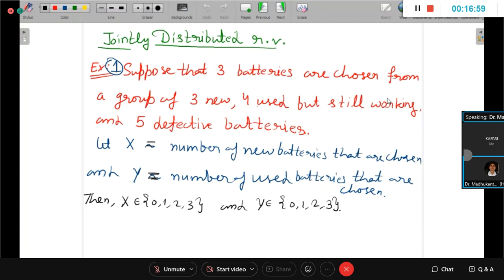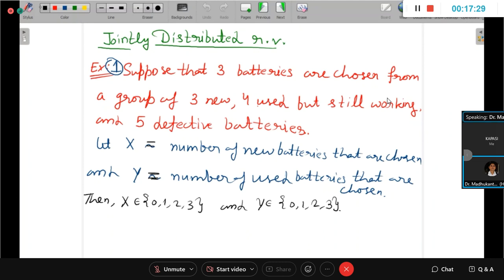There are various ways, so let's focus on this example and try to understand. If you introduce more than one variable, you definitely need a joint distribution, and then how their probabilities will be defined, and so on. Those concepts are necessary. So let's start with an example, and then we will define the jointly distributed random variables.